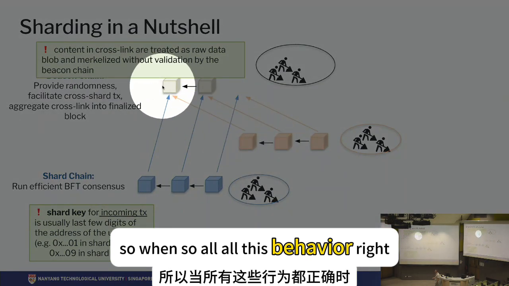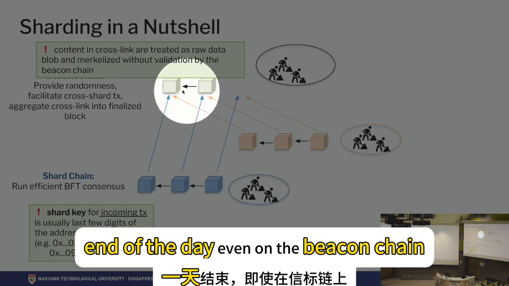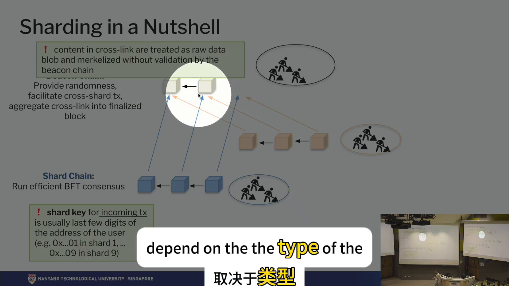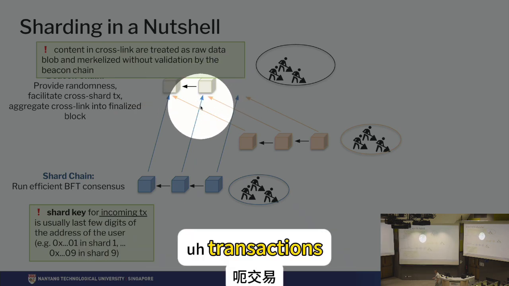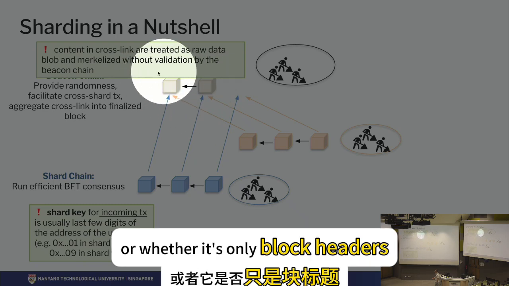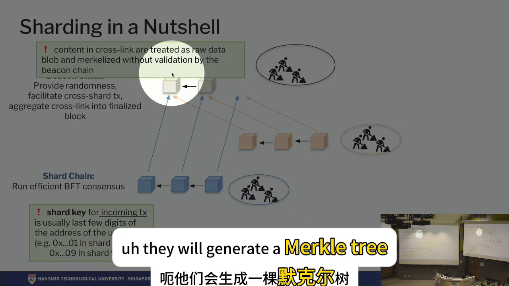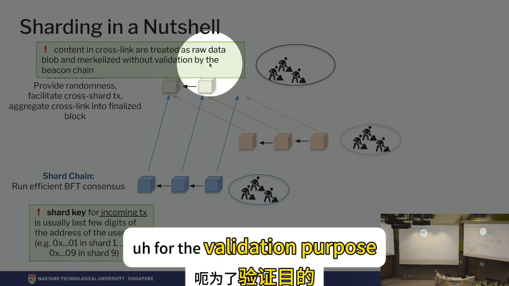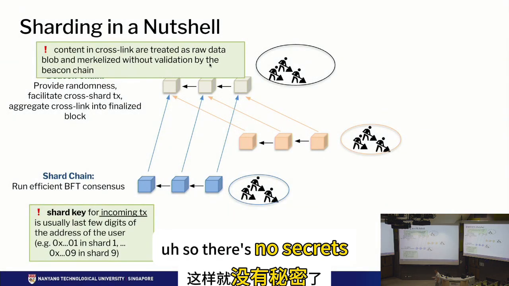So all this behavior, right, end of the day, even on the beacon chain, depends on the type of the transactions, whether it's the whole block or only block headers, they will generate a Merkle tree for the validation purpose. So there's no secrets.